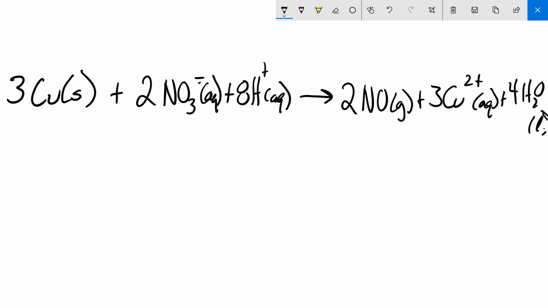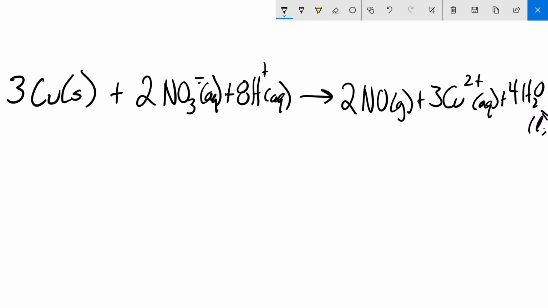Now, even though it's our final, we still want to check to make sure, do we have the same number of atoms and are the charges the same? So with our number of atoms, we've got 3 coppers on the left, 3 coppers on the right. That's good. We got 2 nitrogens on the reactant side, 2 nitrogens on the product side. We've got 2 times 3, so that's 6 oxygens on the reactant side.